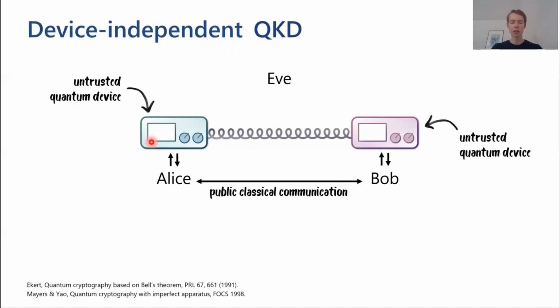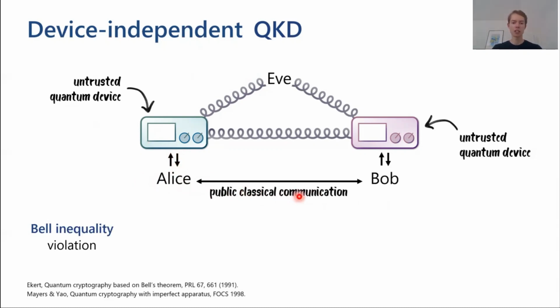And also because we don't want to make assumptions about the device, we allow for the possibility of the device sharing entanglement with Eve. So then how can we still hope to get a secure key for Alice and Bob in this setting? Well, the basic gist is that Alice and Bob, in their classical interaction, will run a sort of Bell test and then use this classical communication to check the winning probability or the winning conditions in that Bell test.